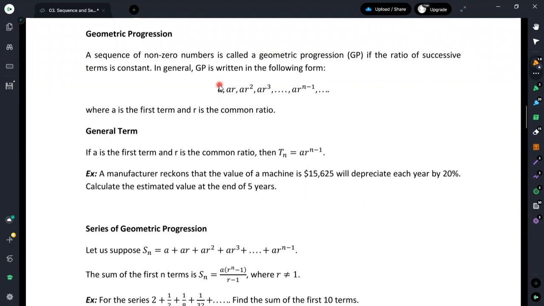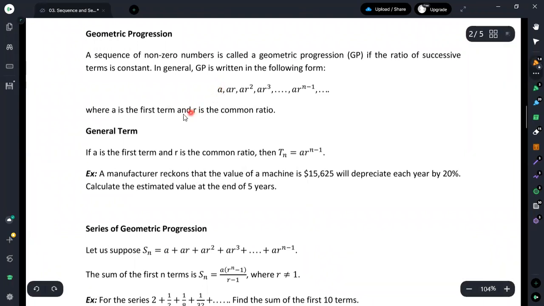Therefore, what we are doing in the geometric progression is, to obtain the successive term, we have to multiply the existing term by the common ratio. Here we are using the term called common ratio.